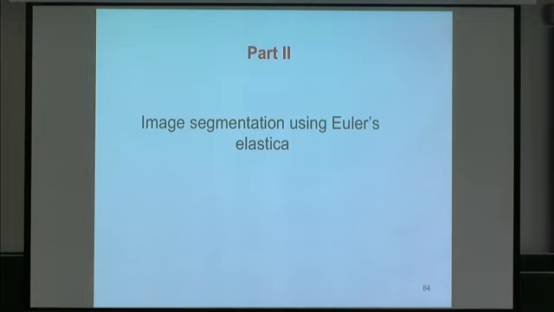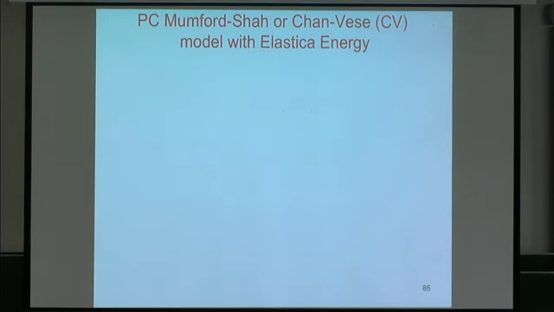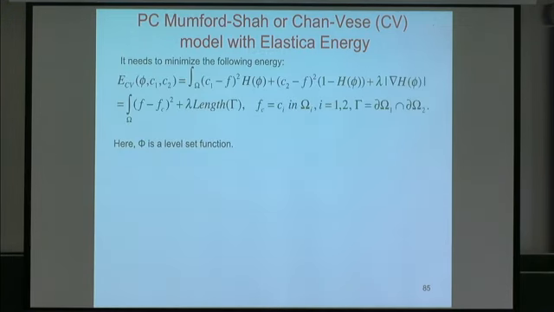So now the second part I'm going to talk about is that we use this idea for image segmentation. We don't want to do something so fancy. Essentially, the original convex model uses the level set. Here, phi is the level set, and C1, C2 are two constants.